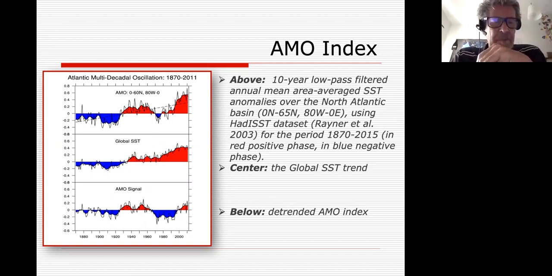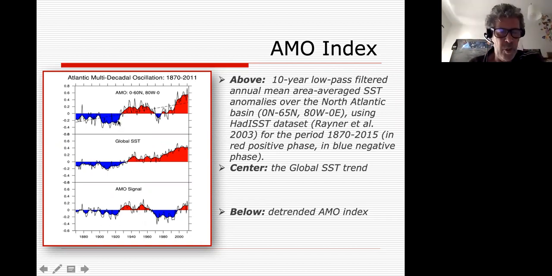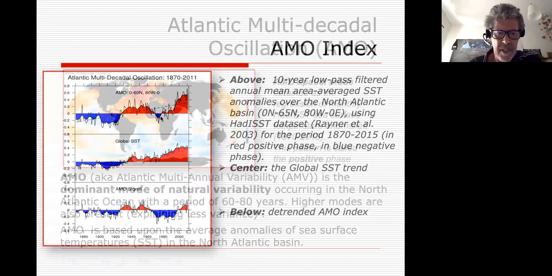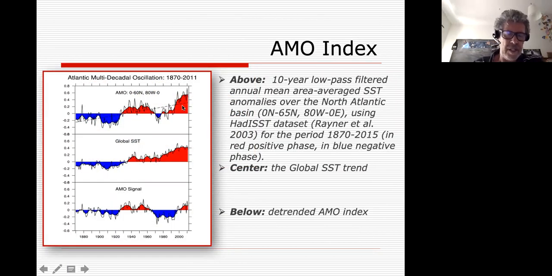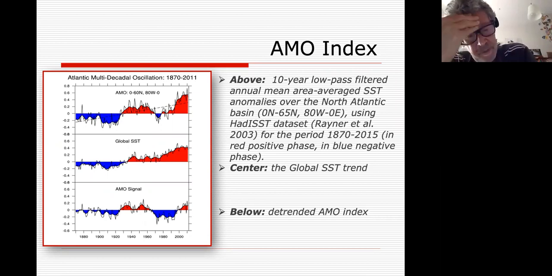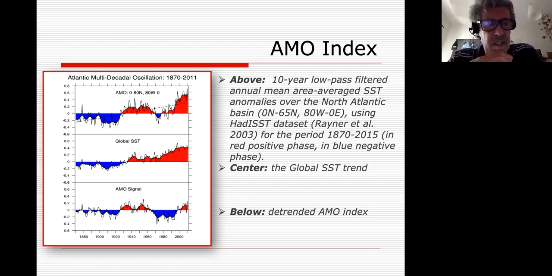And with time, you see that the blue is getting lower and lower, and the red seems to be dominant. The first explanation for this is that progressively the AMO positive phase is becoming the dominant one.